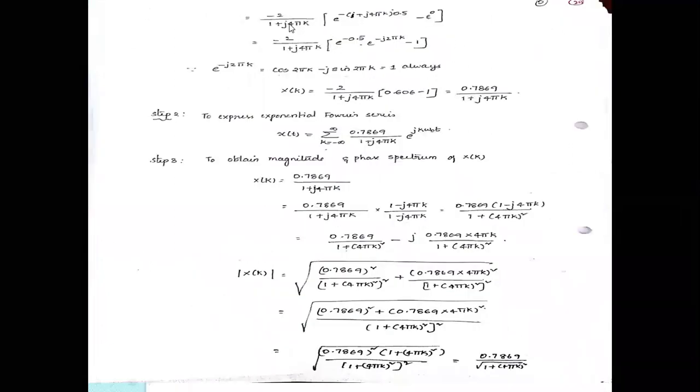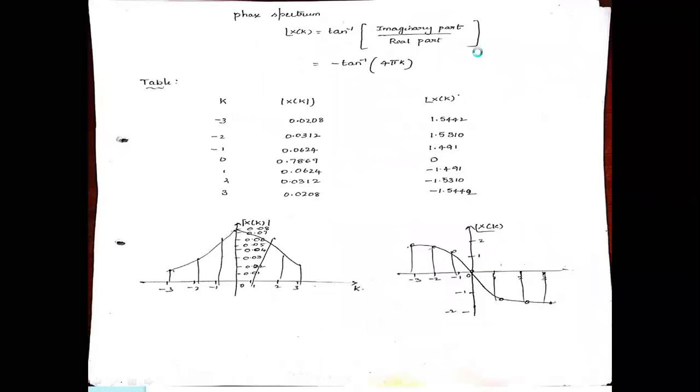Then you get minus 2 by (1 plus j 4 pi k). First of all, apply e power minus (1 plus j 4 pi k) with t equal to 0.5, minus e power minus (1 plus j 4 pi k) with t equal to 0, which is nothing but e power 0.